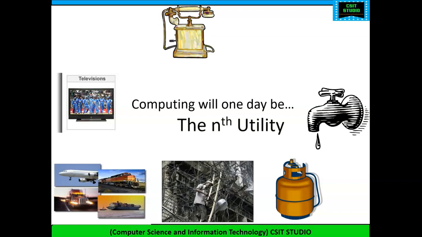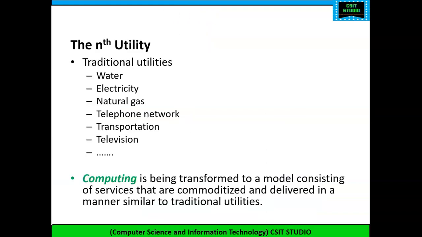So computing will one day be the nth utility, where like these utility services you can use computing also as a routine thing. So using this concept, computing is being transformed into a model where we can use these things as services.